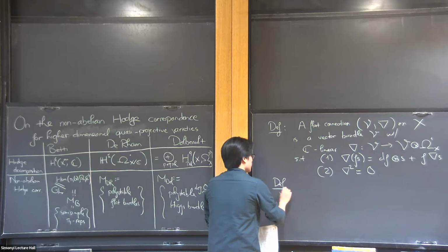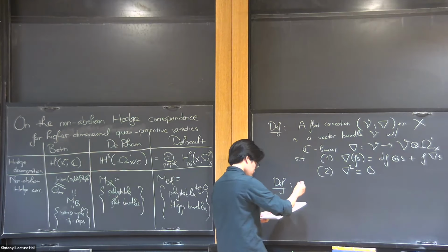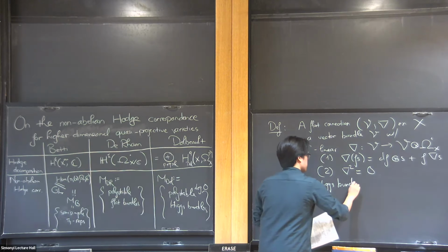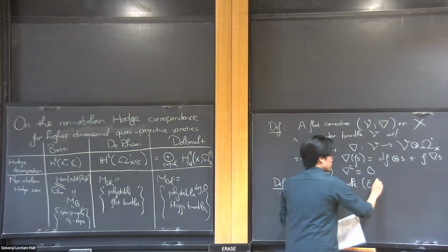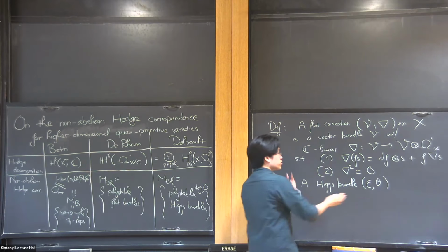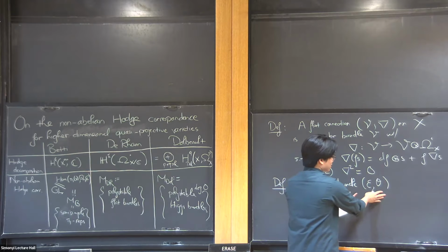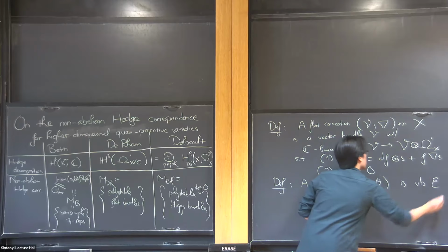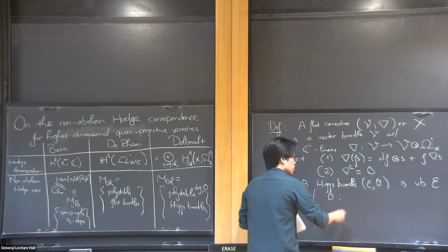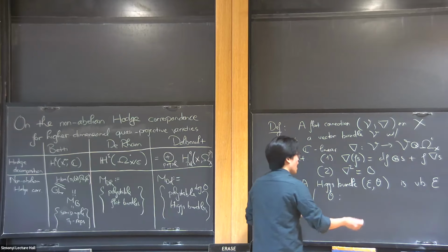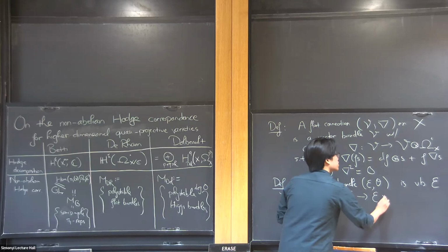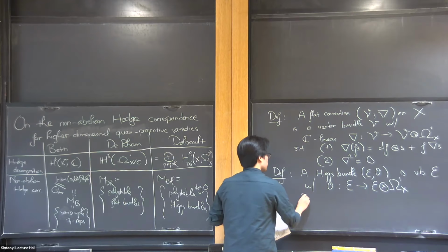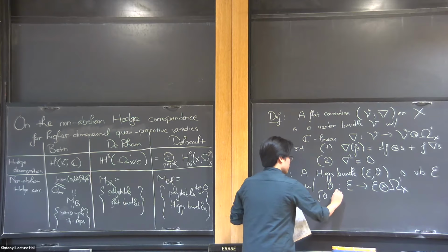And let me give the definition of a Higgs bundle as well. So a Higgs bundle is also a vector bundle E equipped with this Higgs field, which is now an O_X-linear map theta from E to E tensor the cotangent bundle, such that the bracket of this Higgs field with itself is 0.